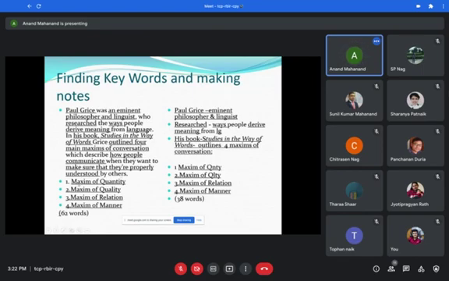And the four maxims are maxim of quality, maxim of quantity, maxim of relation, maxim of manner. So this is the passage.